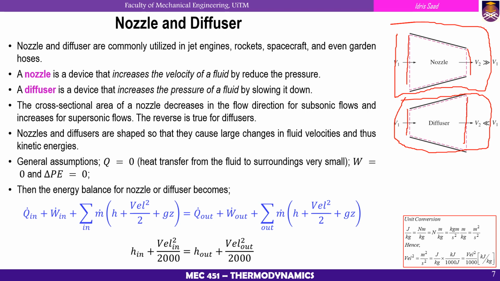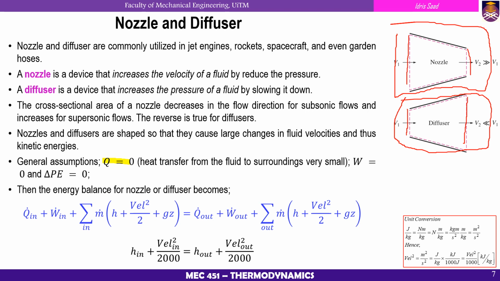Now let us go for the analysis. In order to do the analysis on the nozzle and the diffuser, first we have to make some assumptions in order to reduce the complexity of the analysis. In general, we assume that the heat transfer from the fluid flow to the surrounding is very small and can be neglected.